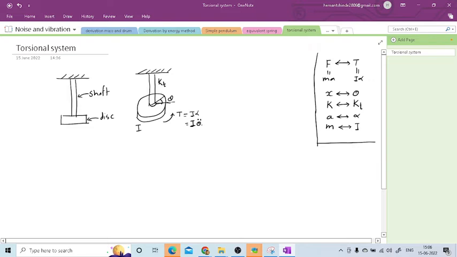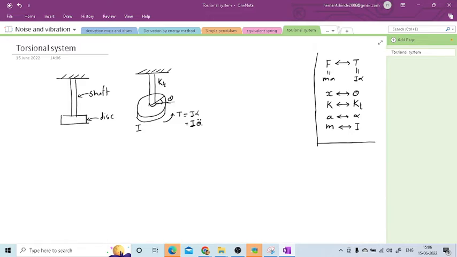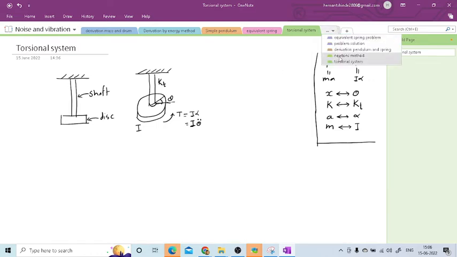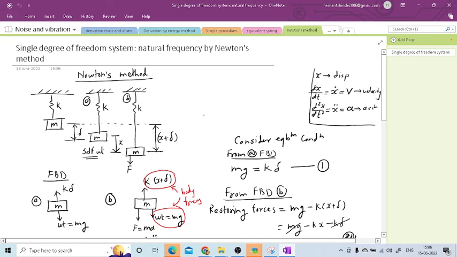Now to solve this system we will have to take help from the derivation for the single spring mass system. So just quickly we'll go there and review that particular system. I have uploaded the video of the single degree of freedom system by using Newton's method.